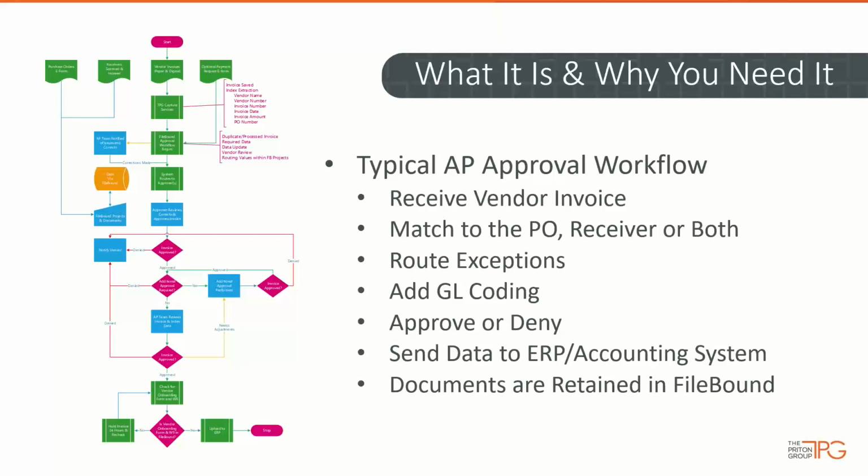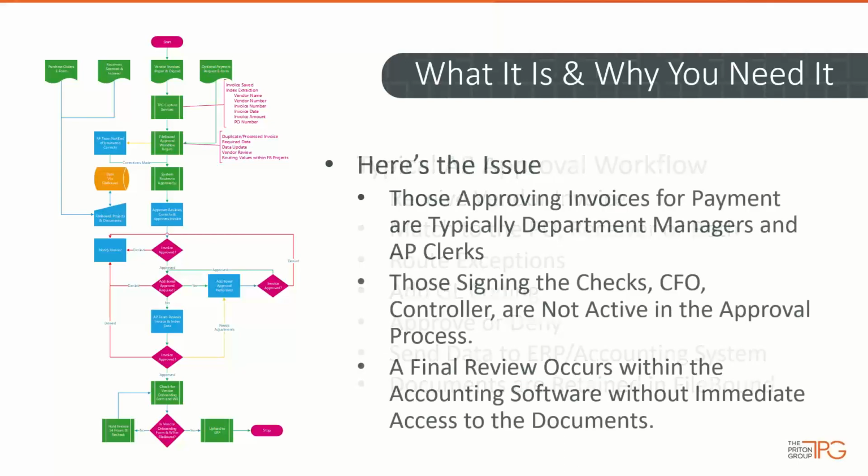They also may add or change the GL coding at the time. And ultimately, when we finish that, we send the data to the ERP or accounting system, and then we retain the documents within FileBound.